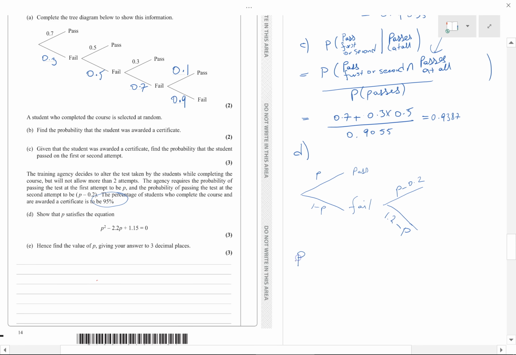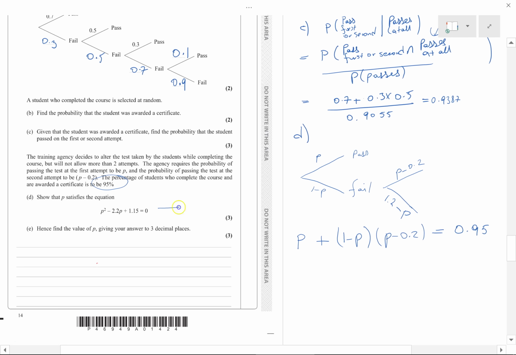It can pass first time, or they can pass second time, which involves failing first time and then passing. So I didn't actually need to put that effort into working that out, but never mind. I'm kind of interested anyway. So that needs to be equal to 0.95.